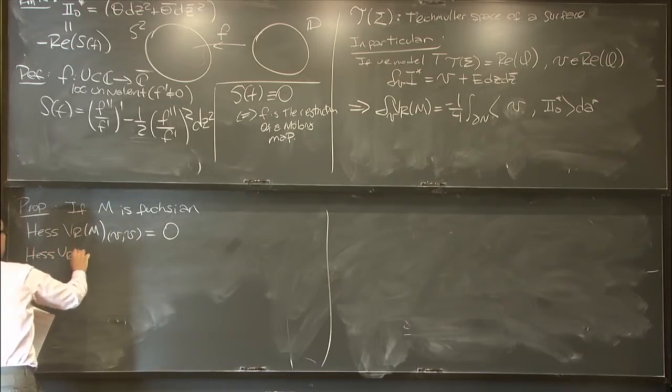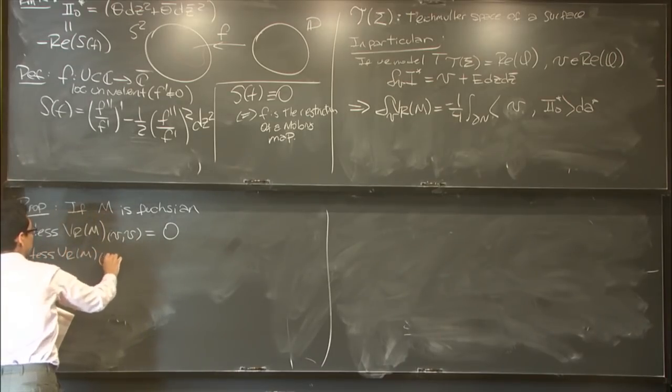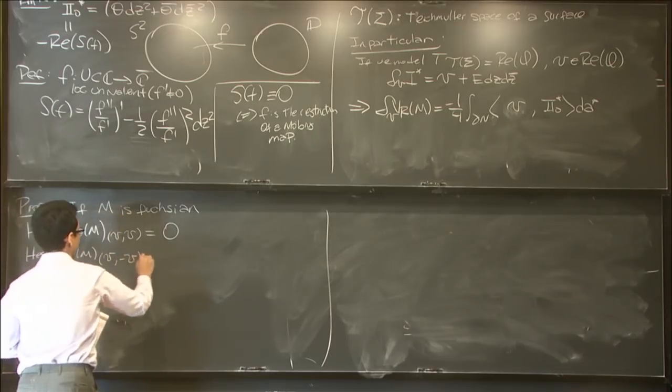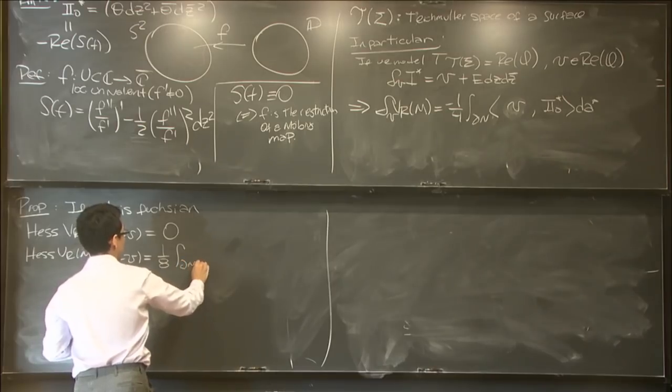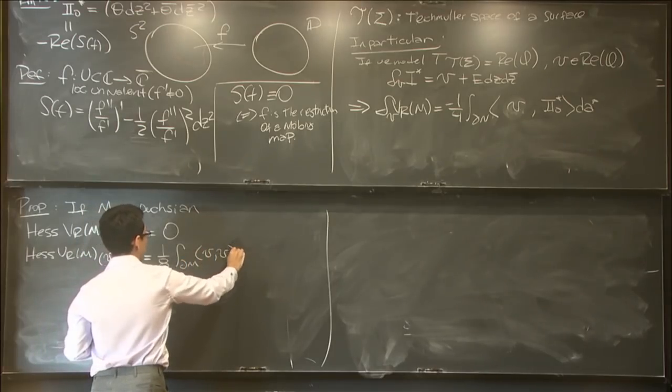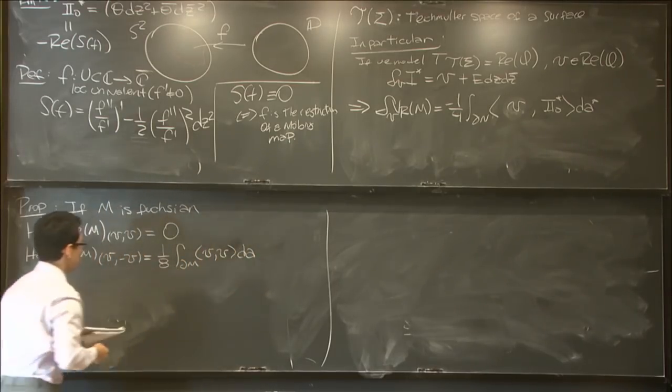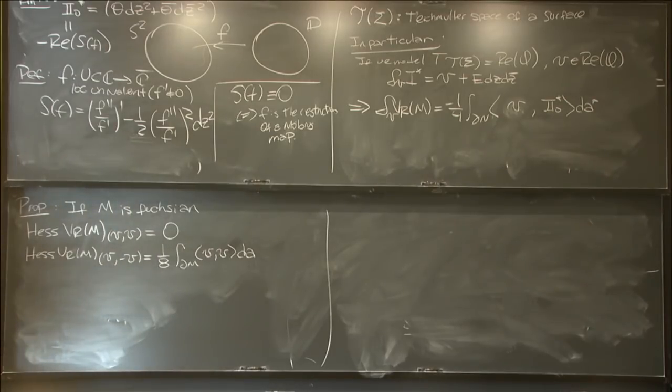The Hessian in the V minus V direction is going to be 1/8 integral over the boundary of M of the product with V. So this is telling us the spectral decomposition of the Hessian of renormalized volume.